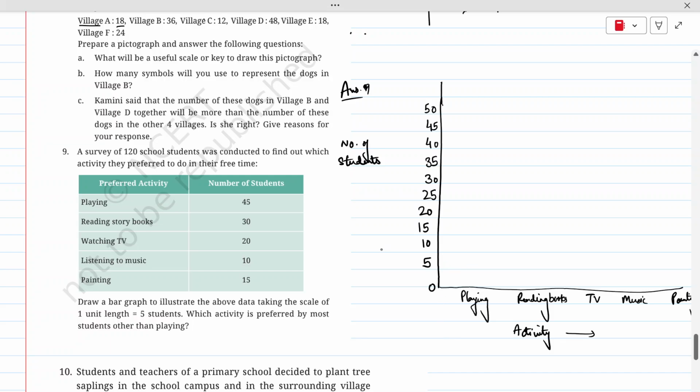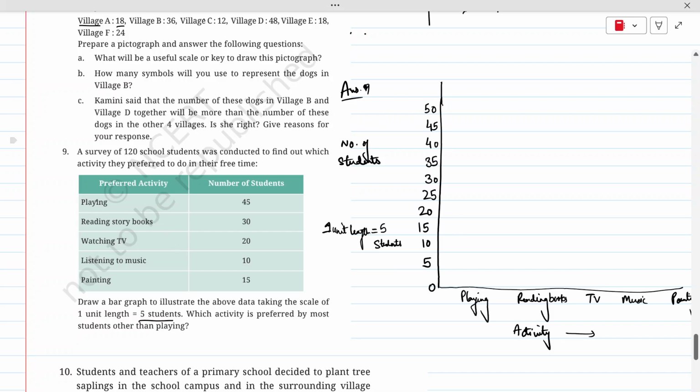In this case we have taken 1 unit length equal to 5 students, right? This is given to us here. That's why the difference between each marking is 5 students.